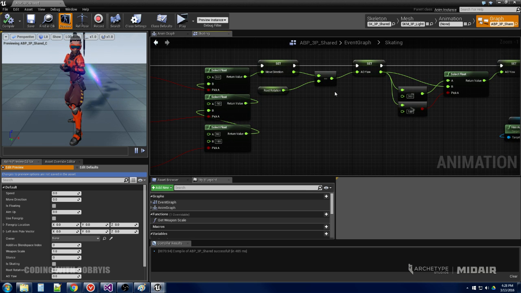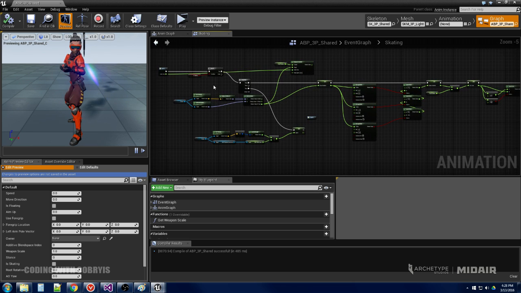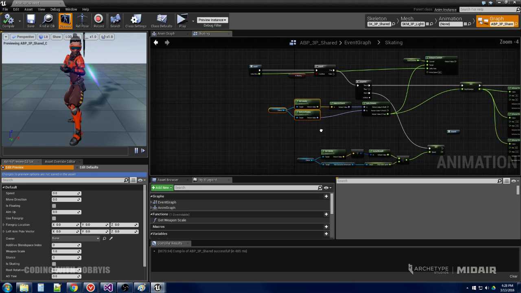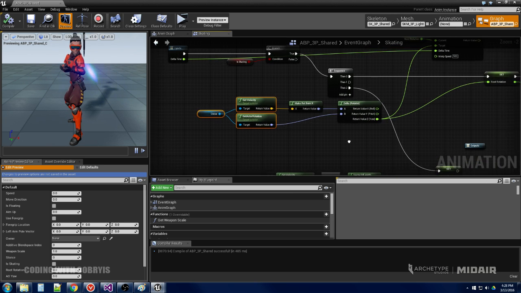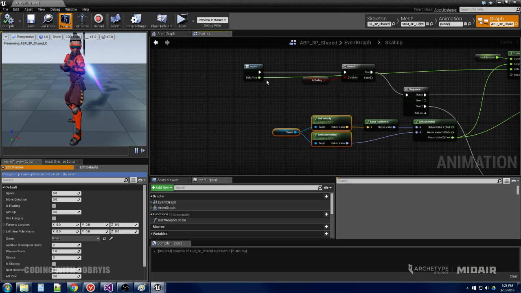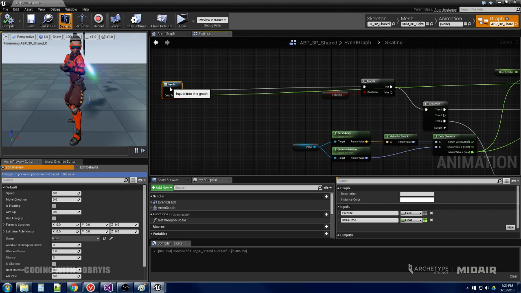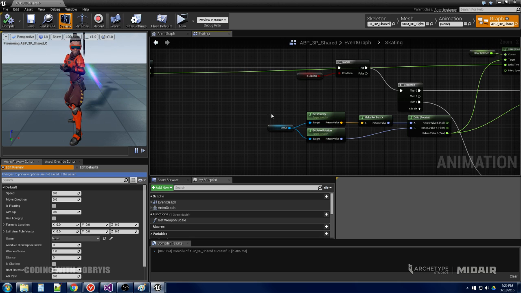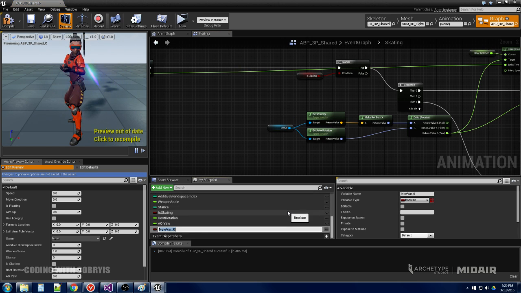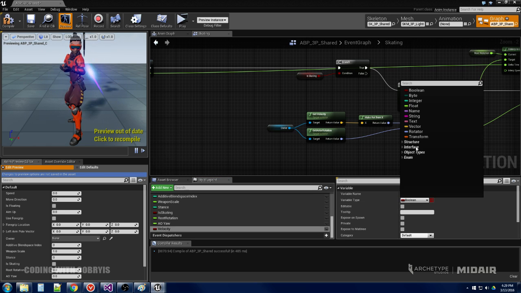All right. We are going to make it so that this guy is not dependent on this guy. And we can do that. Okay, so what we're going to do is pull back here. We're going to make a variable called actor velocity. We're going to cache this value off.